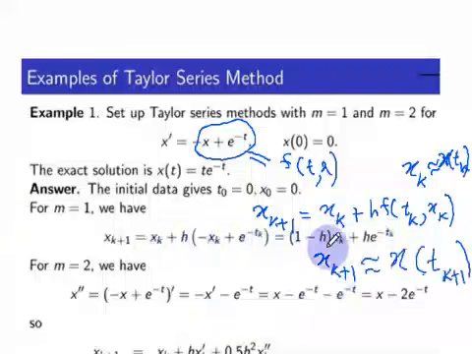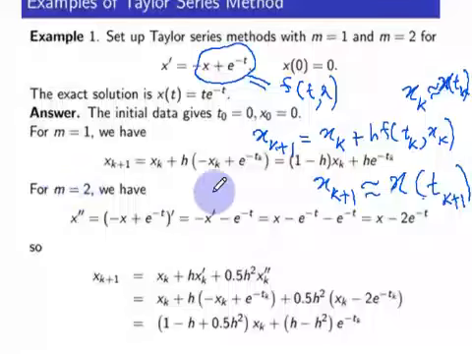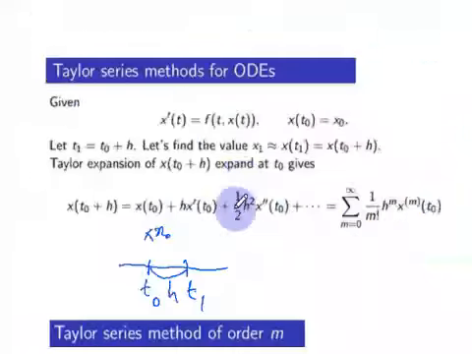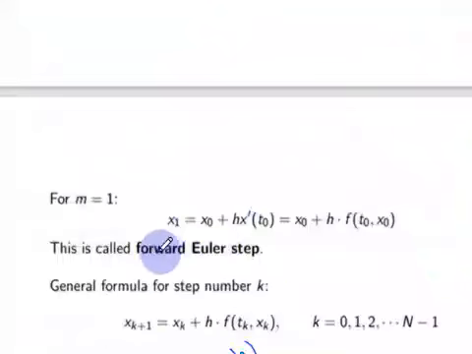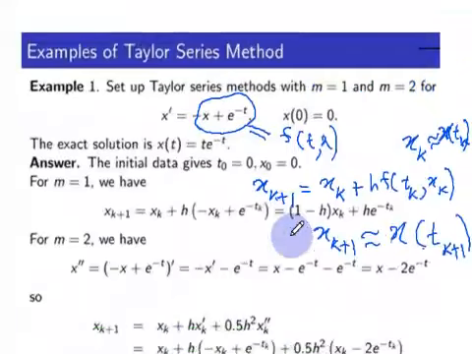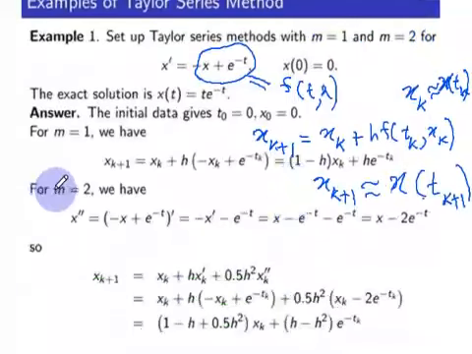This is called the first order Taylor series approximation or method. So this is Euler's method, the forward Euler method. All right, now let's consider when m equals 2.